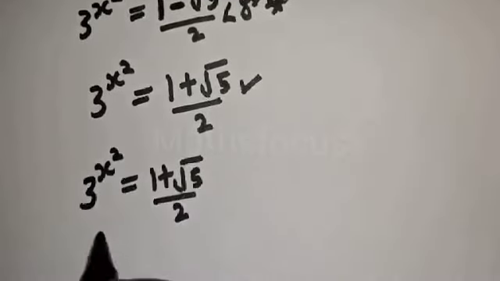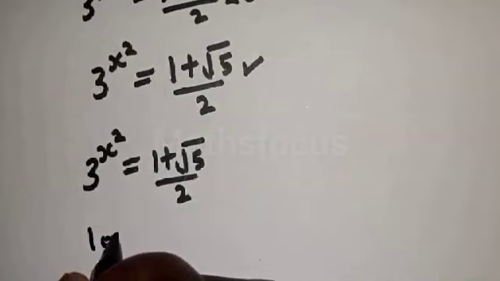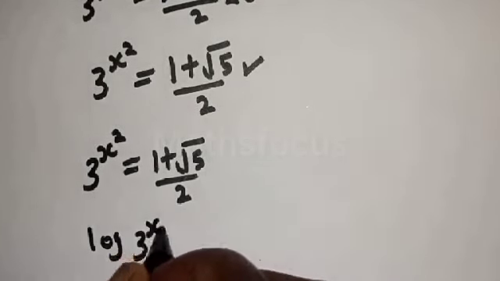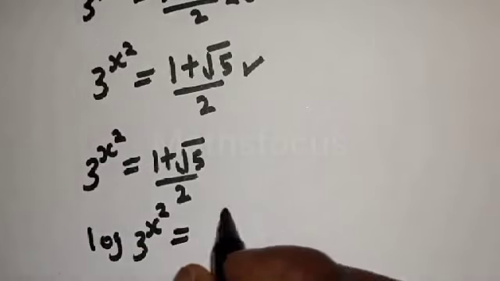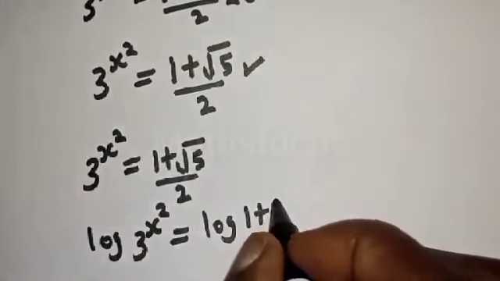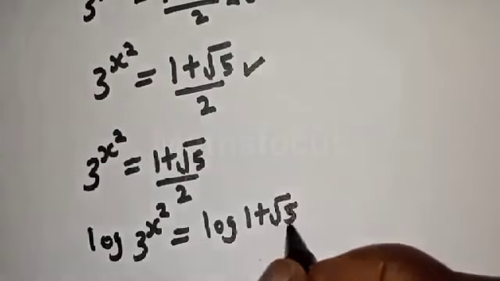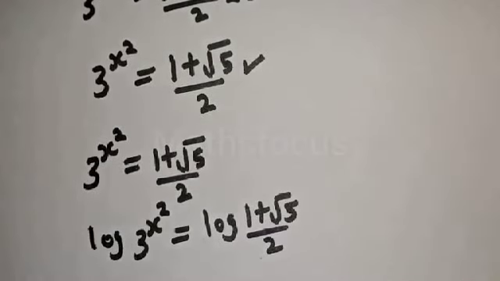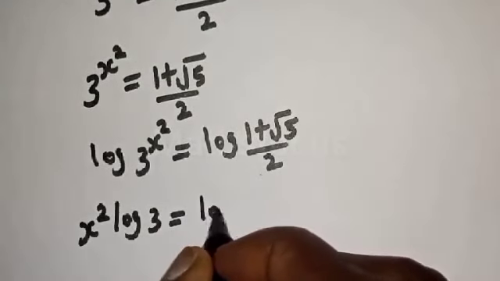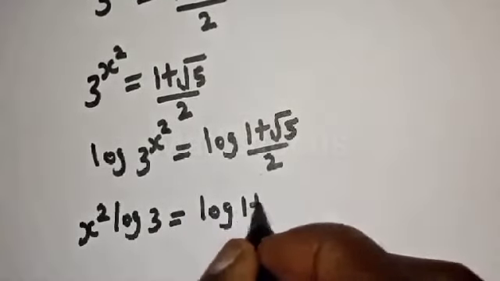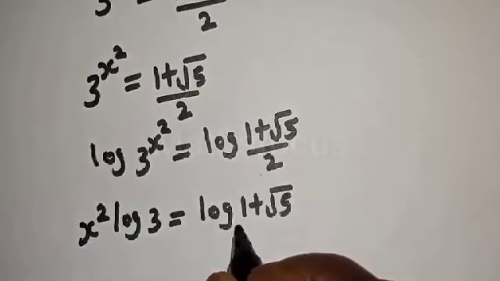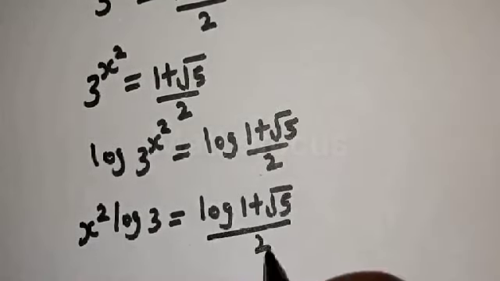We have 3 to the power of x² is equal to (1 plus square root of 5) over 2. Let's take the log of both sides. Log 3 raised to the power x² is equal to log of (1 plus square root of 5) over 2. x² log 3 is equal to log of (1 plus square root of 5) over 2.